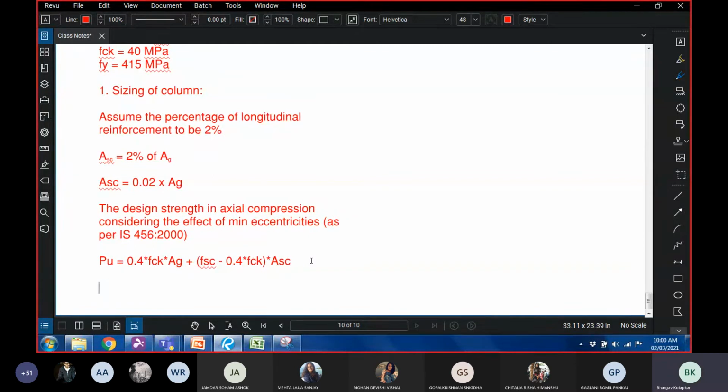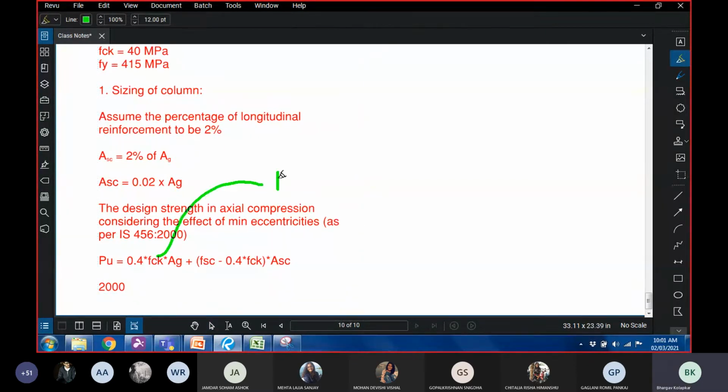Now I just have to plug in all the numbers. So Pu is 2000. The thing that we have to take care of is that the units on both sides have to be consistent. fck is in megapascals.